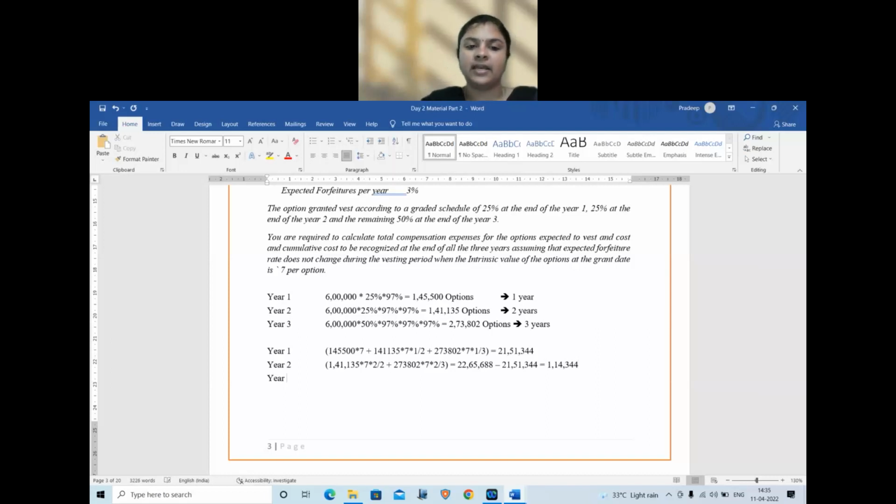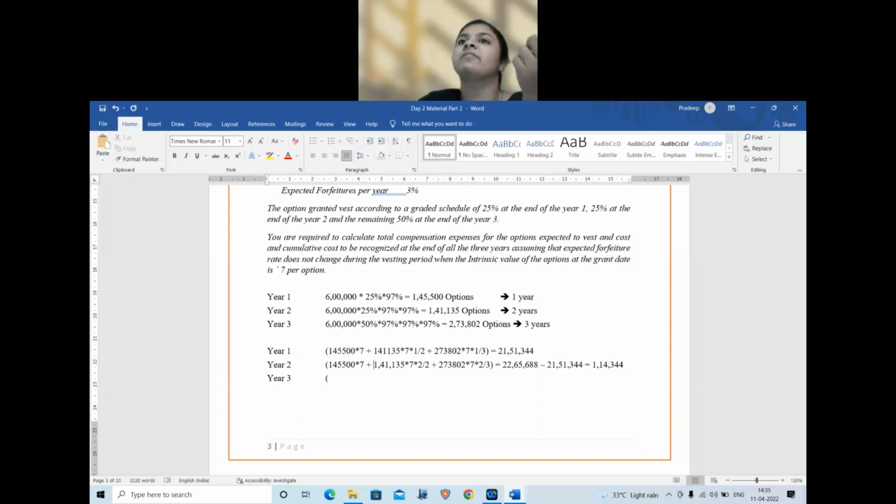Now coming to year 3. Okay, 1 minute. When we are taking cumulative, we should have added this also, no? 145,500 into 7. Because when we are taking cumulative in year 2, we should have added first year plus second year plus third year.